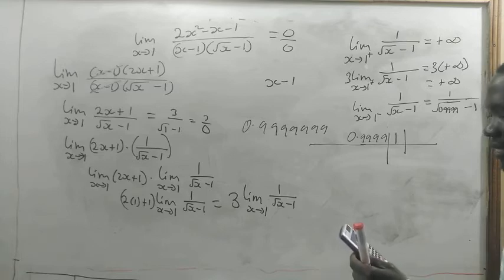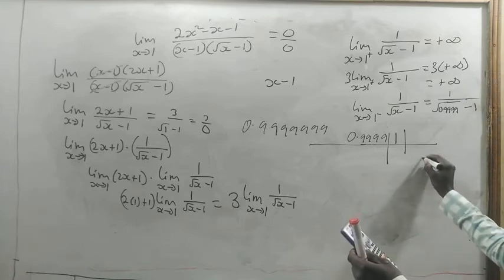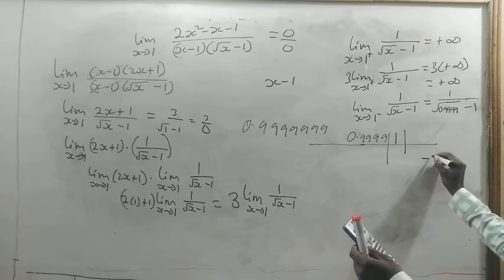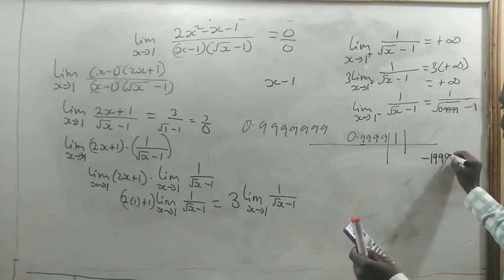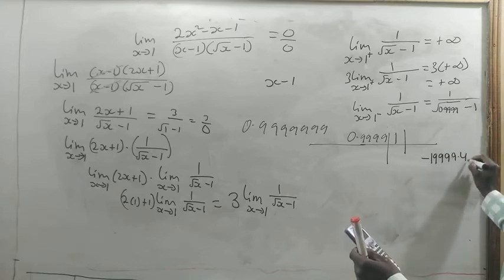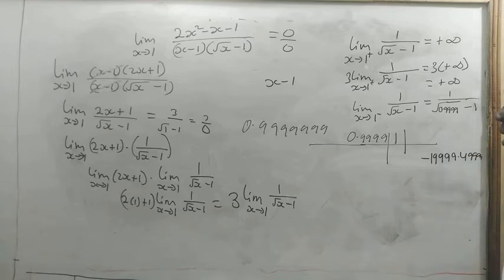Wow! This is giving us negative 19999.499999. That is a very large negative number.